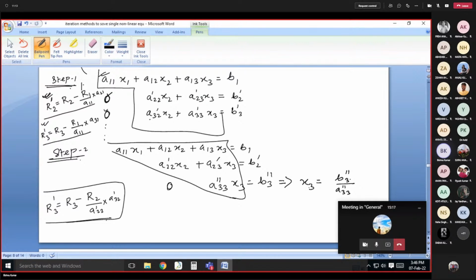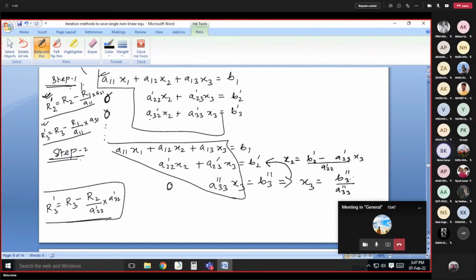After getting x3 from the last equation, use that x3 value in the second last equation, and you will get x2 as B2 dash minus A23 dash x3, divided by A22 dash.